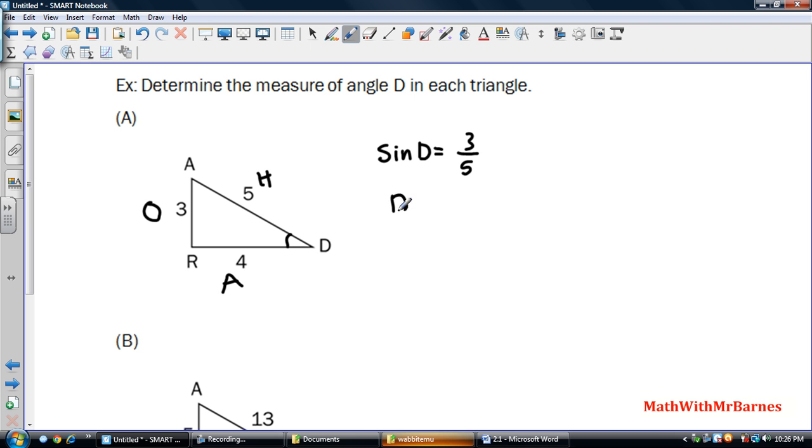So I go D is equal to sine -1 of 3 over 5. And then I just put that in my calculator. Second function, sine -1, 3 over 5, in brackets, hit enter, and then we have 37 degrees. So that's the one I showed you earlier, and that's exactly what I did before that.